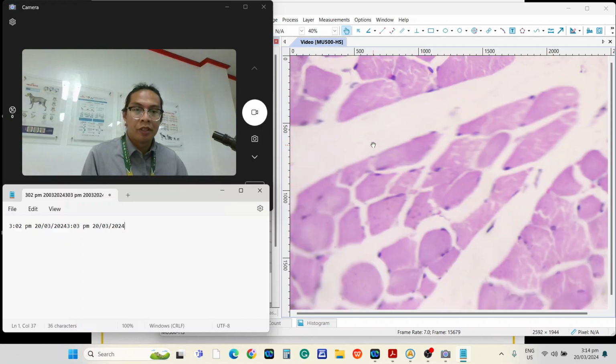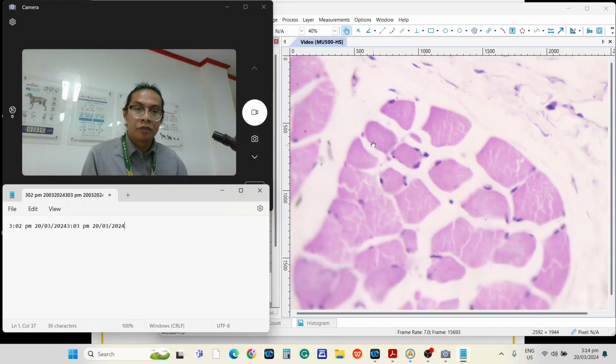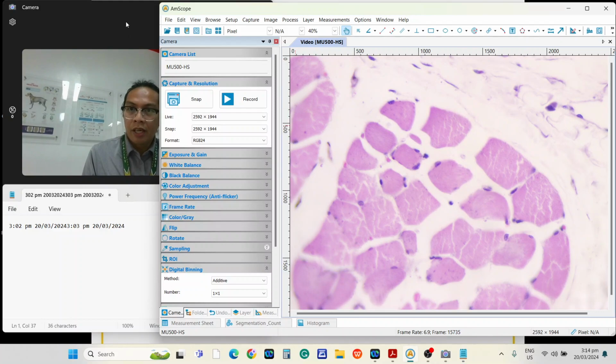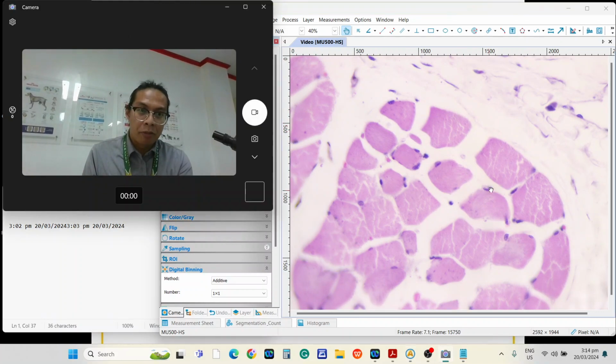These are the individual muscle fibers and the nuclei which are found in the periphery. Nasa periphery sila.